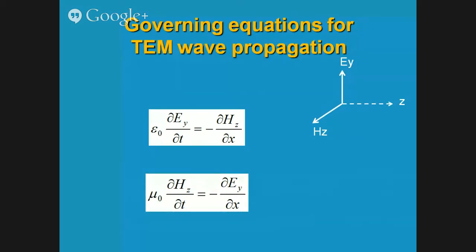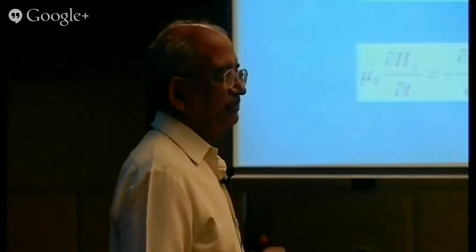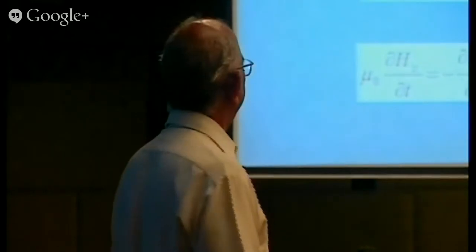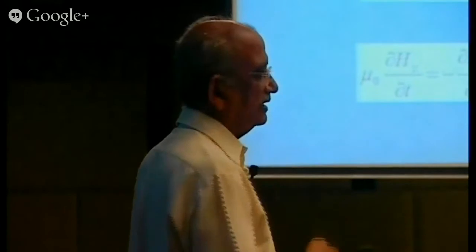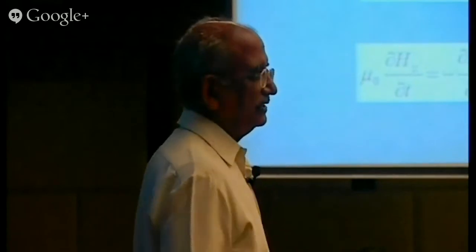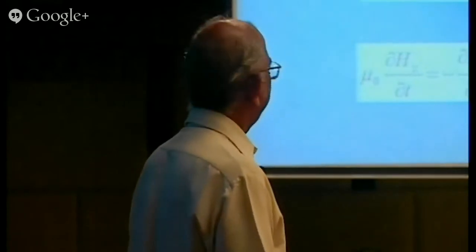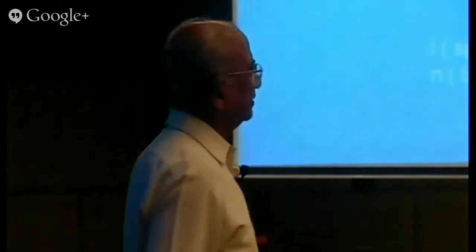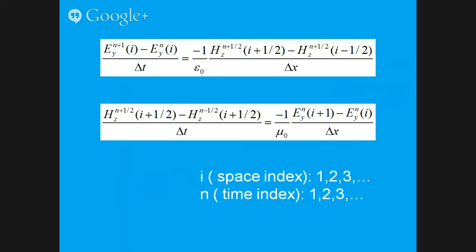One is Ey in terms of Hz, the other is Hz in terms of Ey in derivatives, etc. These are the two equations which describe the propagation of a TEM wave. Right now they are in the differential form, so we convert them into the finite difference form. These are the corresponding finite difference forms.